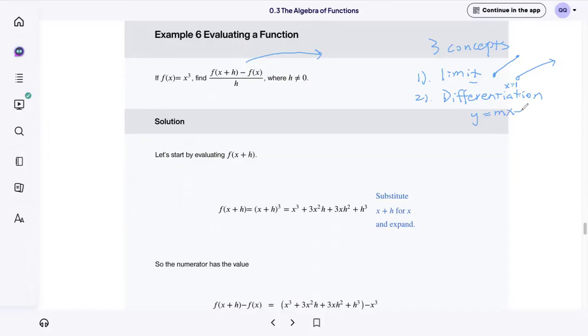Let's see the simplest one, the linear function. m is a slope, but with differentiation in calculus, we would call it the derivative of the function. So we consider the rate of change of a function with 2 variables, which means how one variable change affects the other variable change.